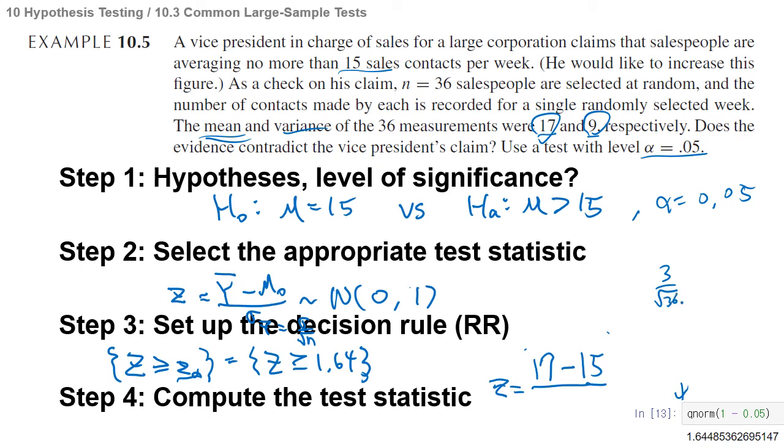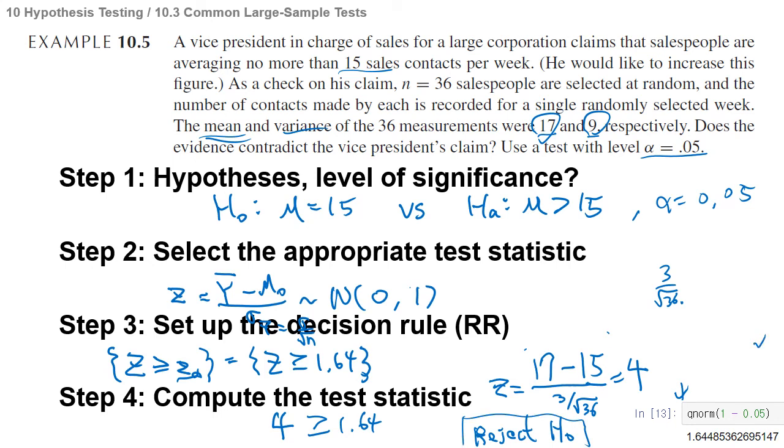So this is 3 over square root of 36, which is 3 over 6, so 0.5. The test statistic is 4, and this 4 is greater than or equal to 1.64. So we reject the null hypothesis. So in step 5, we reject H0, the null hypothesis.